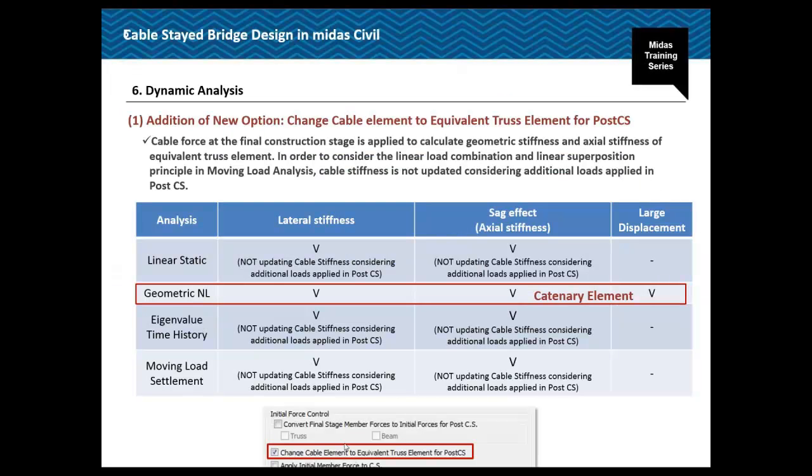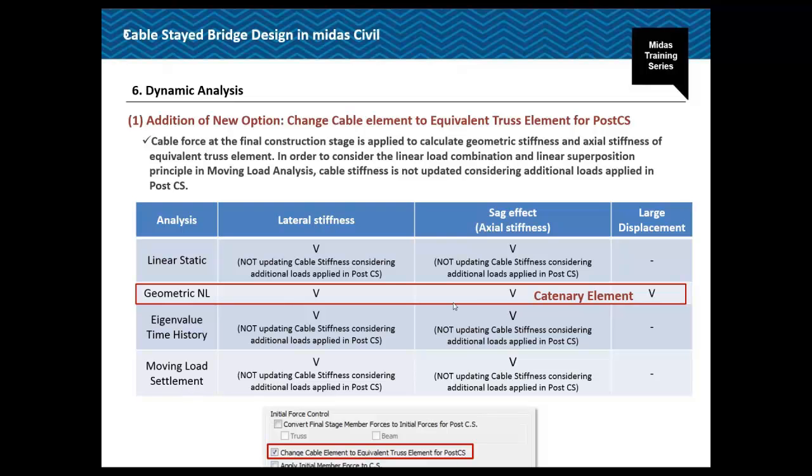So if this option is checked on, the program internally applies the geometric stiffness and the axial stiffness of the cable for post-CS.